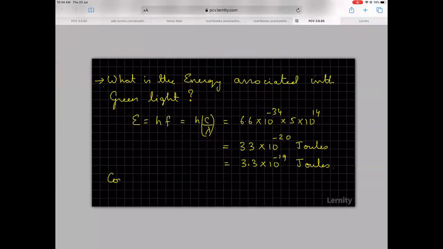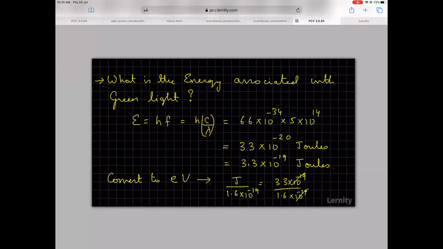Convert to electron volt. So how do you convert to electron volt? You take the energy in joules and divide it by the charge of an electron, 1.6 into 10 power minus 19. So it will look like 3.3 into 10 power minus 19 divided by 1.6 into 10 power minus 19.